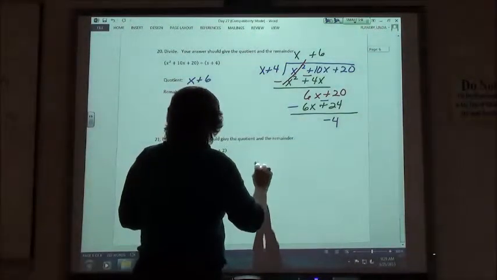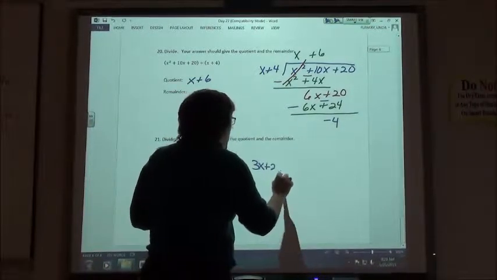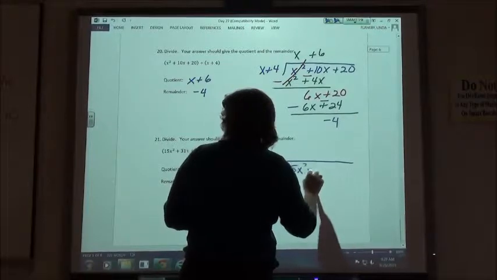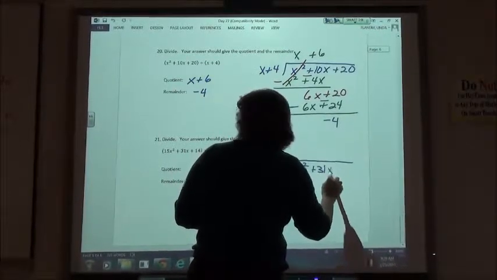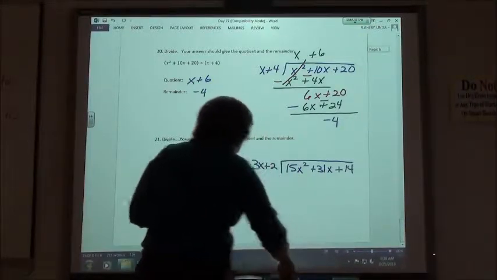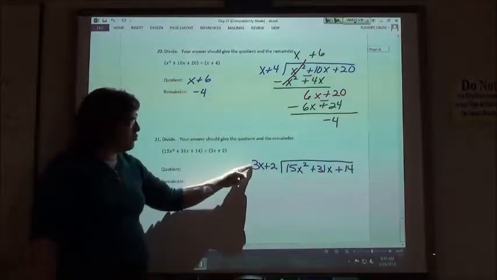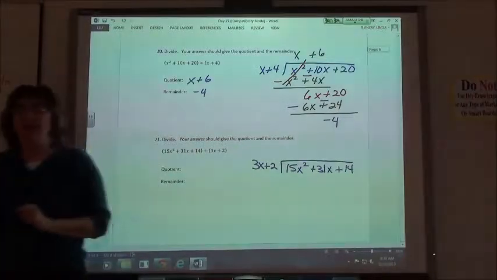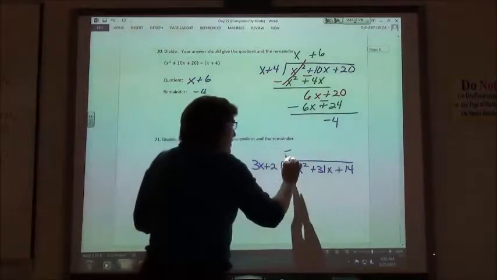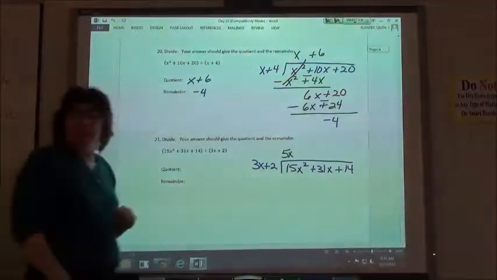Number 21 says we're going to take 3x plus 2 and divide it into 15x squared plus 31x plus 14. So, what times 3x would give you 15x squared? 5x, right?